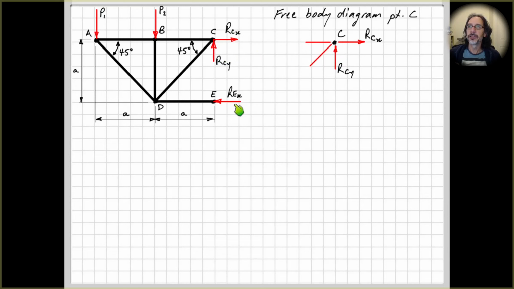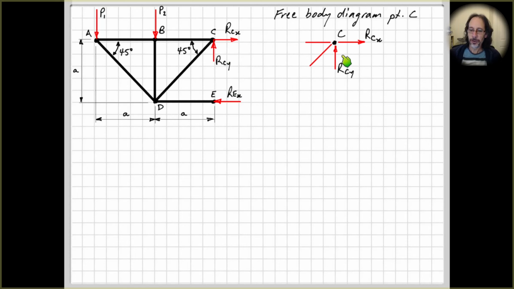Right? If we hadn't done a free body diagram of the whole truss and worked out our reaction forces, then we would need to do free body diagram of joint D first. And then we could do the free body diagram and equilibrium equations for the whole truss to check.